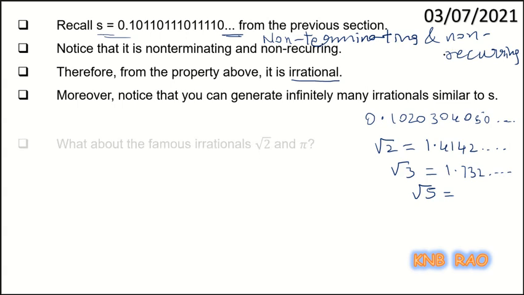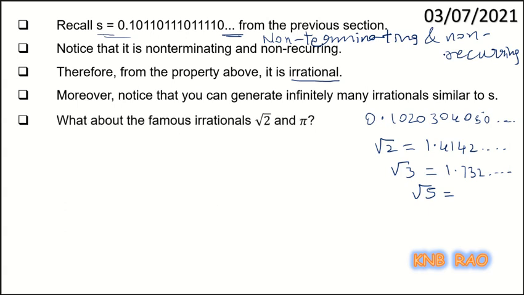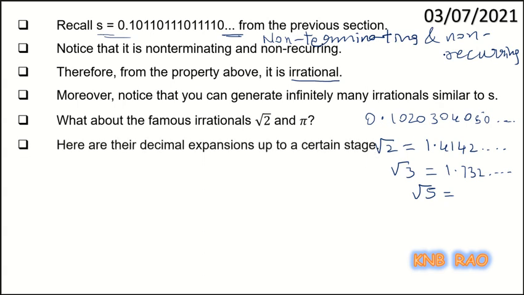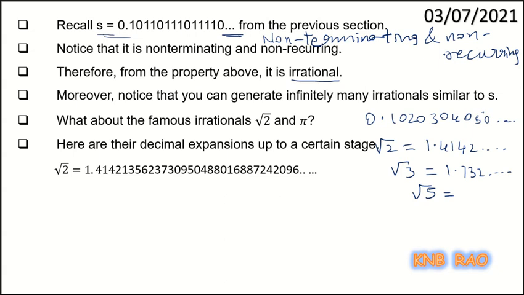Okay? So, what about the famous irrational numbers such as root 2 and pi? Here are their decimal expansions up to a certain stage. Root 2 value, if you find it correct to 3 decimal places, is 1.414.